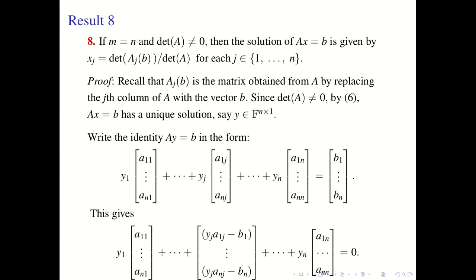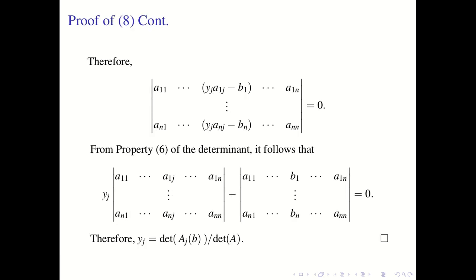The jth term in the summation will be the vector yj a1j minus b1, etcetera, yj anj minus bn, plus etcetera, yn times a1n up to ann. So this says that the determinant of this matrix must be 0.